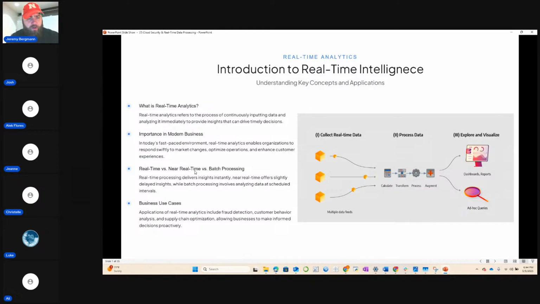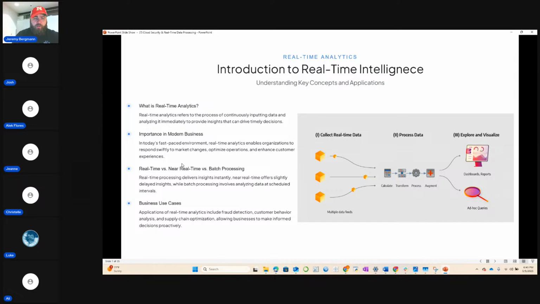So, real time versus near real time versus batch processing. Real-time processing delivers insight instantly. Near real-time offers slightly delayed insights. Batch processing involves analyzing data at scheduled intervals. So the way I think about this is, real time is literally as it's happening.